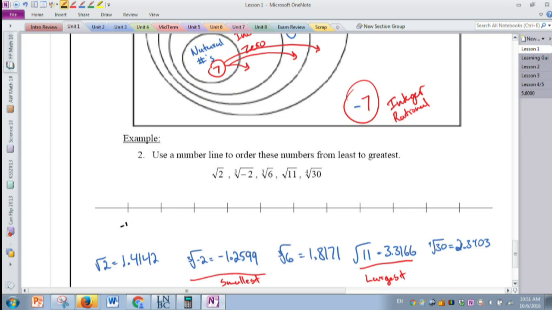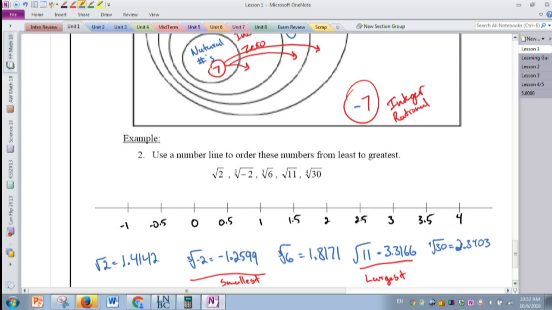So let's call this negative 1, negative 0.5, 0, then 0.5, 1, 1.5, 2, 2.5, 3, 3.5, 4. That should be good. So that gives me everything from my negatives to my positives. I got my smallest to largest. Now I just need to find where things go.